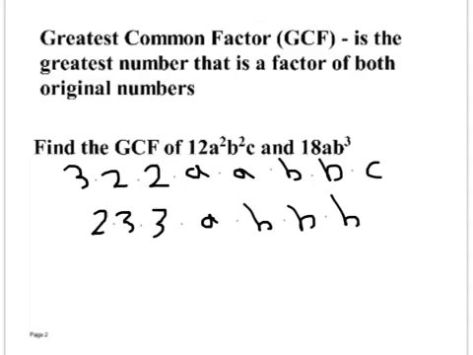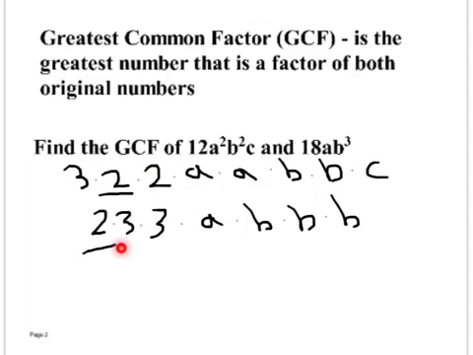Now what we do is circle them. It doesn't matter if you circle them; I just underline where it's a factor of both. Is 2 a factor of both of these? Yes, it is. Look at each term. What about this second 2? Is it a factor of each one?